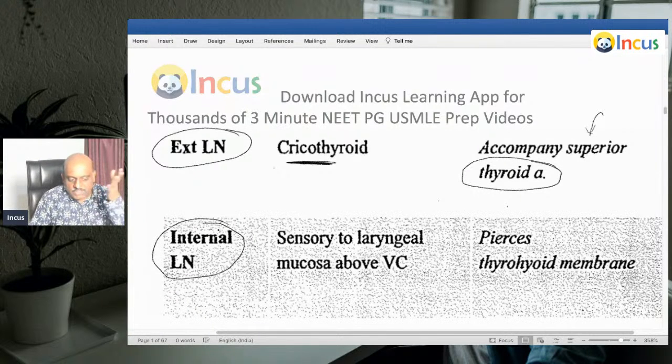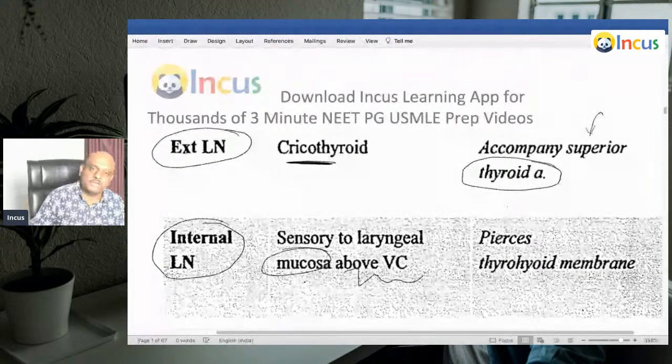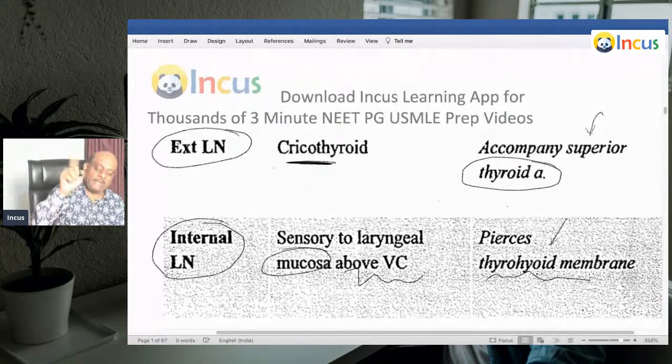Internal laryngeal is sensory to the laryngeal mucosa above the level of the vocal cords. And the internal laryngeal pierces the thyrohyoid membrane. That is what you need to remember.